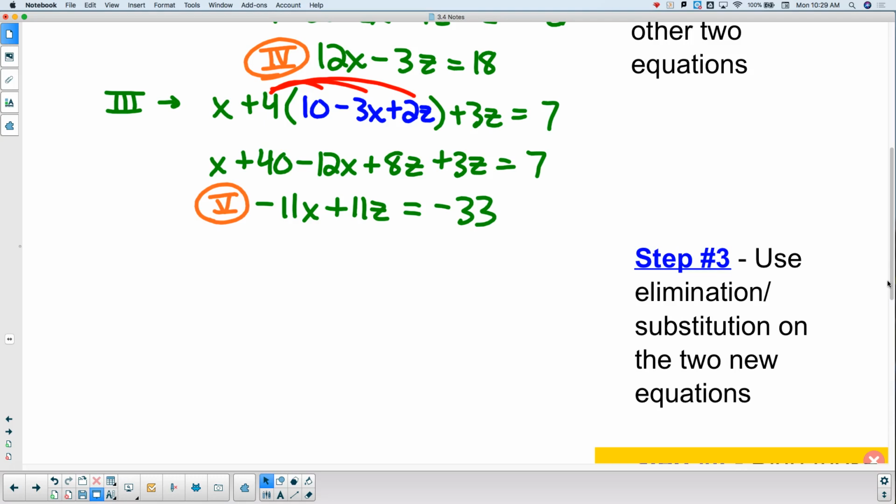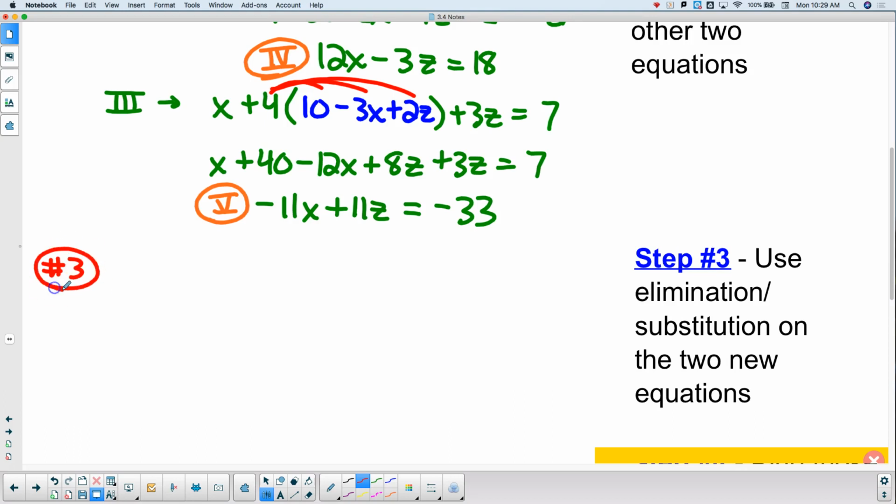Elimination, substitution on equations 4 and 5. What are we thinking? Elimination? So I'd have to either multiply the top equation by 11 and the bottom equation by 12. Or simplify the bottom equation? Like divide everything by 11 in that one? Yeah. Okay.